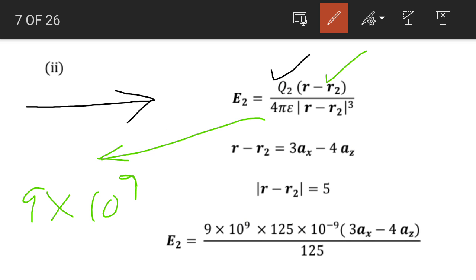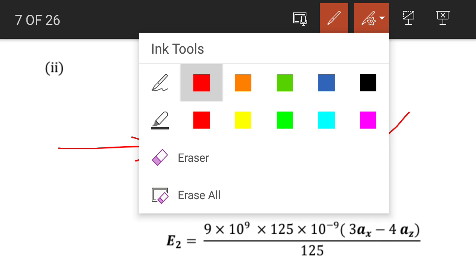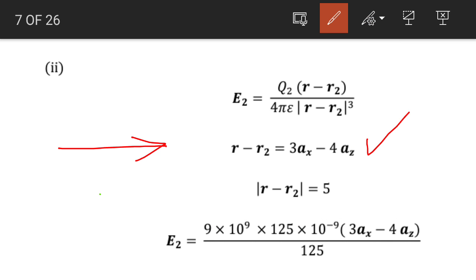We calculate the magnitude of R minus R2, which is 3ax minus 4az, and the magnitude turns out to be 5.